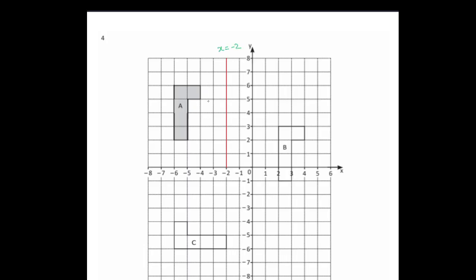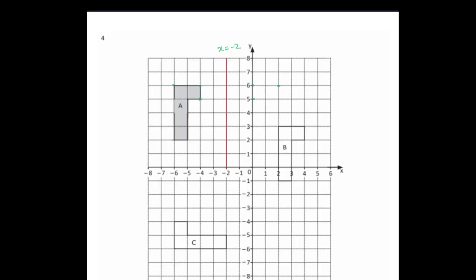Using this line, now reflect each vertex of this shape. So now let me reflect this vertex. It is 2 boxes, so here 2 boxes it will be. The same thing for this one also. Now next, this vertex is 1, 2, 3, 4, then 1, 2, 3, 4.